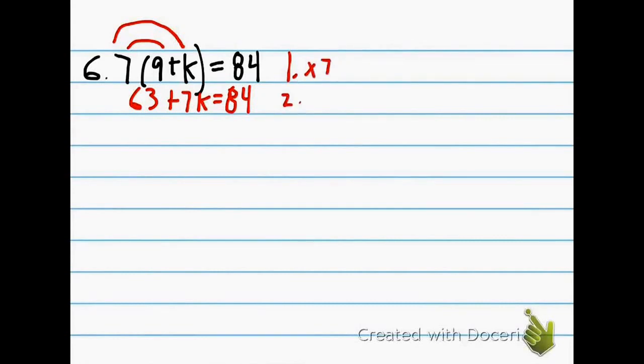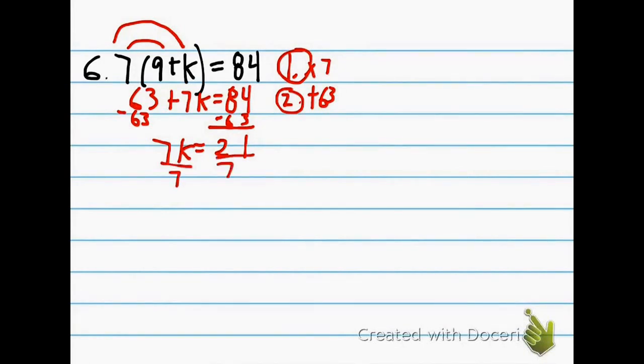The next thing that happened is that it's being added by 63. So we have to subtract 63 from both sides. The next thing we have to do is divide by 7. You're left with k equals 3.